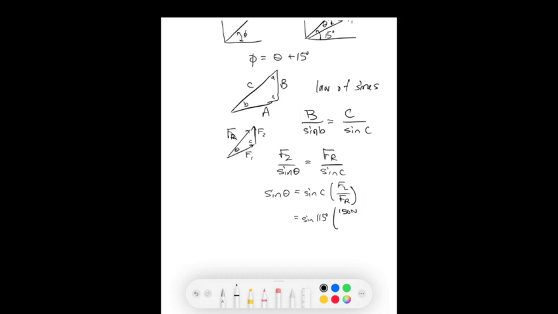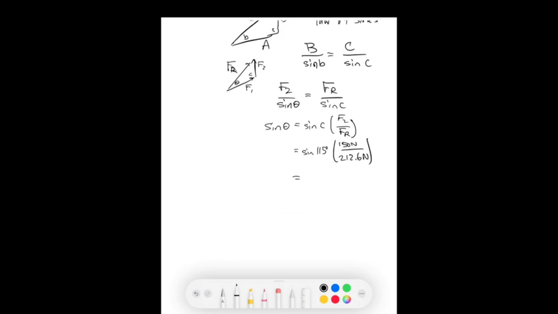And we see here the answer. To solve for that, we have to take the inverse of sine, right? So theta is going to be equal to the sine inverse of that number. And we find out that theta is equal to 39.8 degrees.